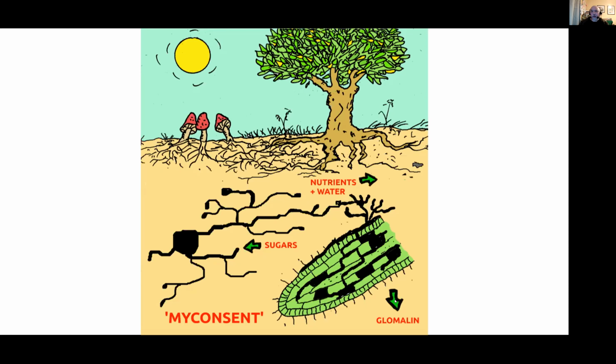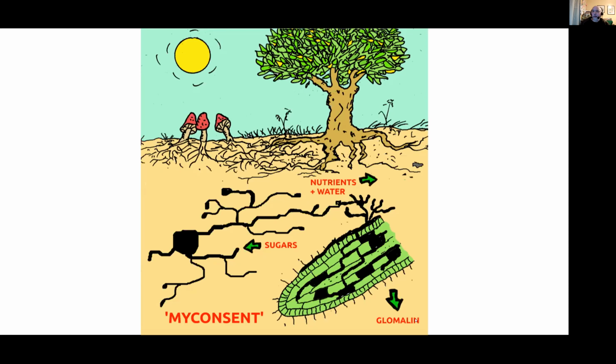And this substance, glomalin, if it is present in the soil, massively increases the capacity of soils to hold carbon. So in terms of the soil and forests being a carbon sink, I think glomalin has a massive part to play.